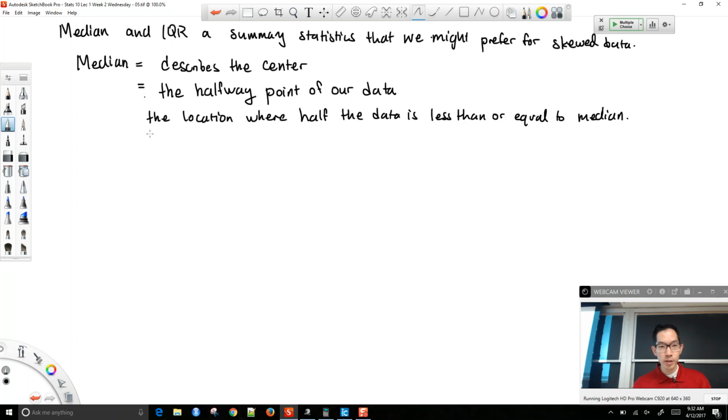This can also be thought of as the 50th percentile. 50th percentile means 50% of the data is smaller than that location. When we talk about the median, then it might also make sense to talk about the quartiles. So we have the first quartile.